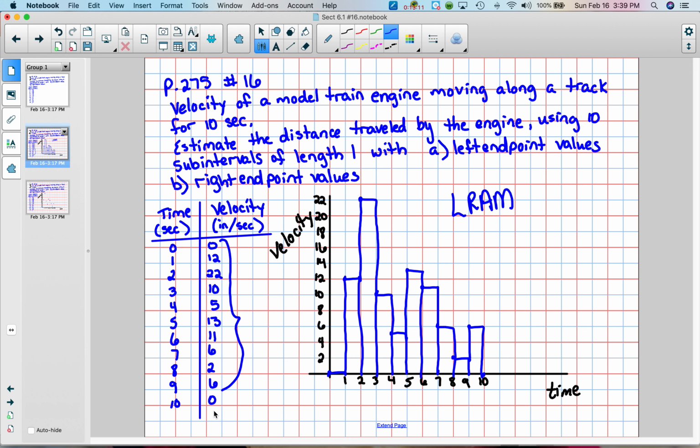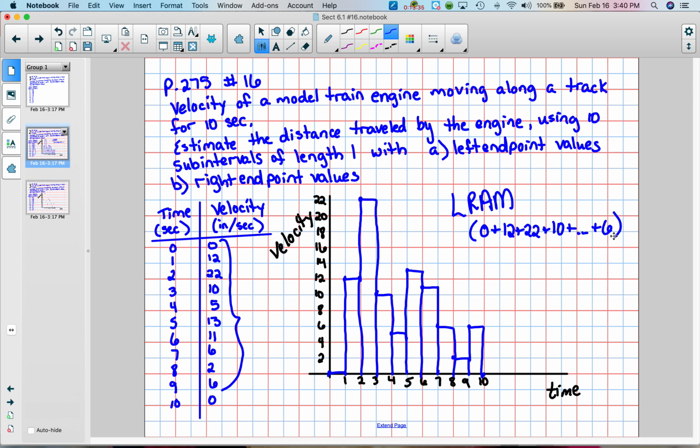Now in this particular case, it happened to be a 0 on both ends, so this is probably not the greatest of examples because my LRAM and my RRAM are going to end up using the same values. But what I would do is add 0 plus 12 plus 22 plus 10 plus ... plus 6.